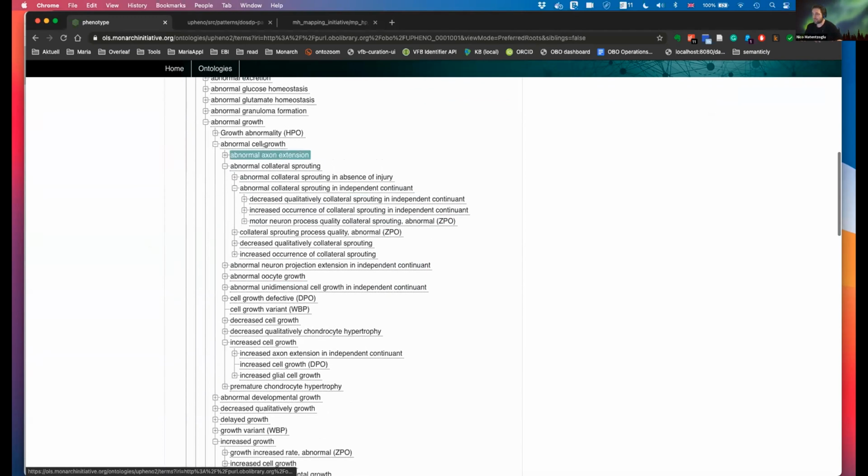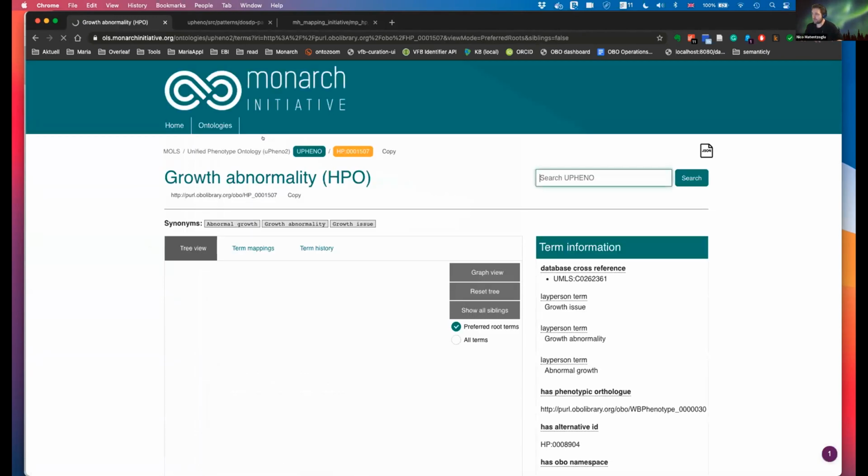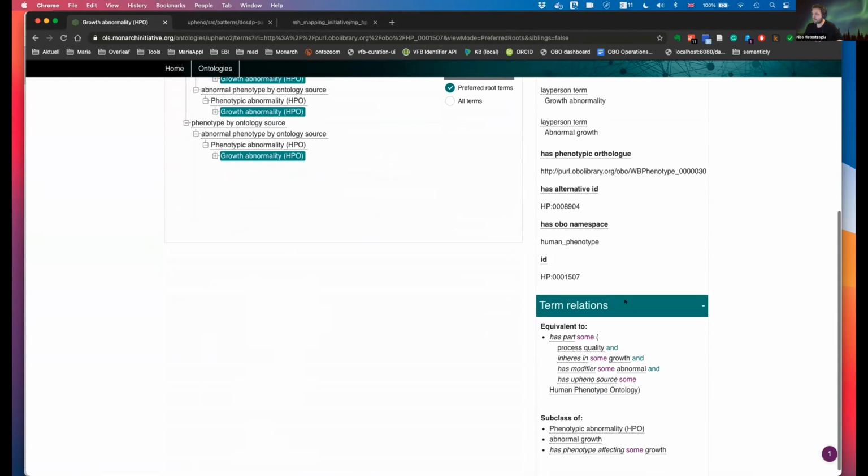And the other side of UPheno is the side that is dealing with turning them into a computationally consistent and powerful artifact. We do this a lot through the logical axiomatization, which we will not explain now, but looks something like that.